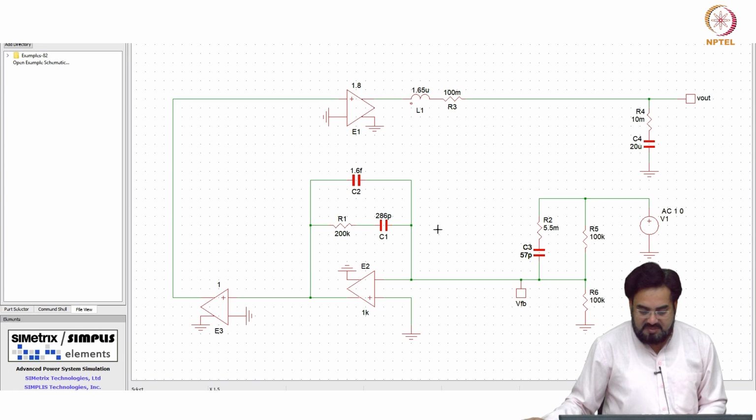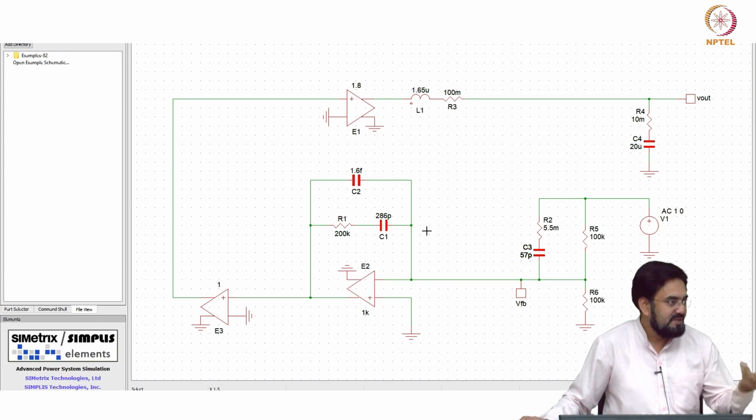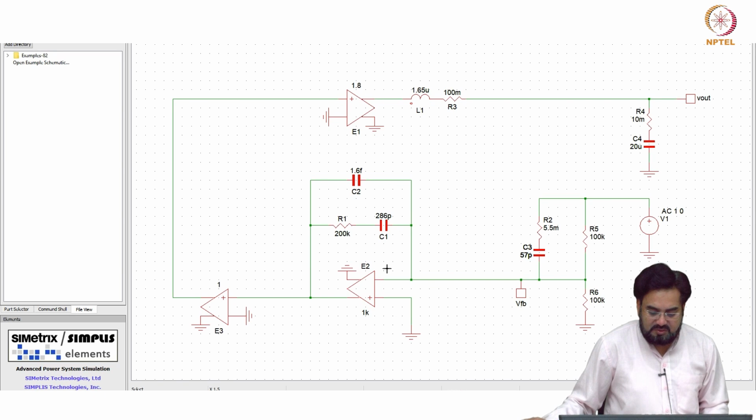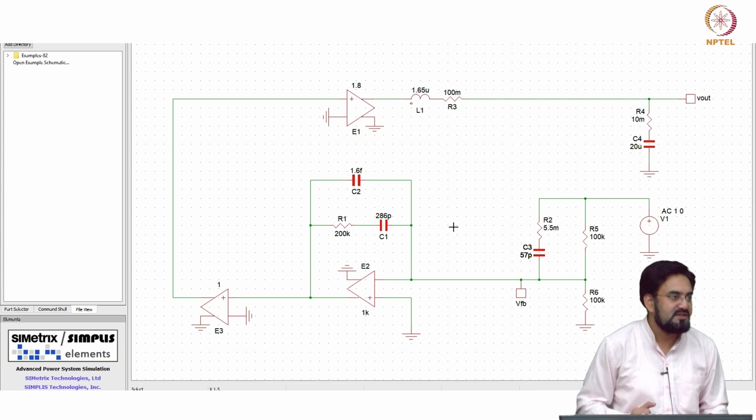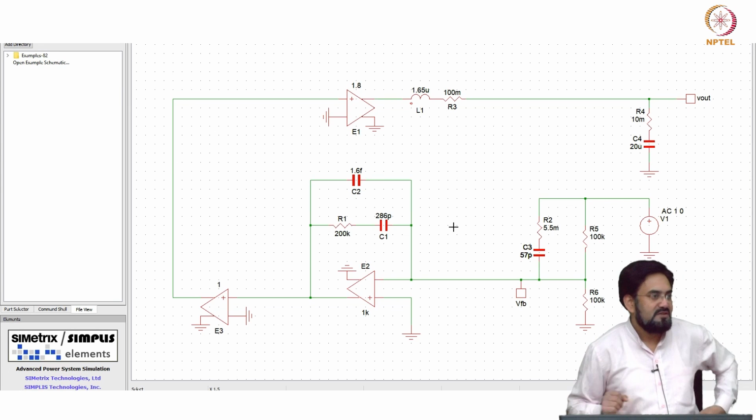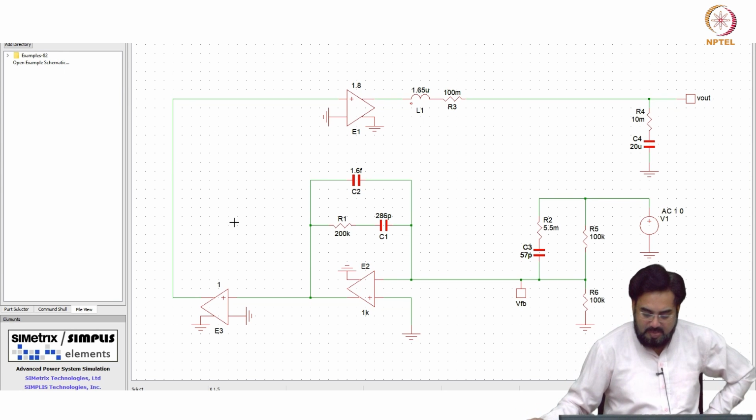So these two poles may cause a drop of maybe 10 degrees or so in the phase margin. That is how you decide. Without these poles, you have to make sure that your phase margin is enough, so that after adding these poles you still get a 55 to 60 degree kind of phase margin.